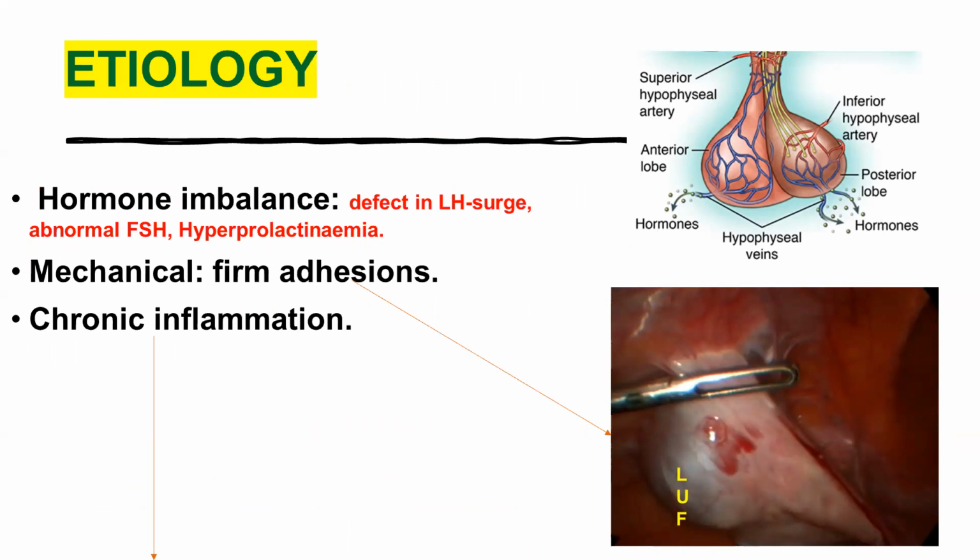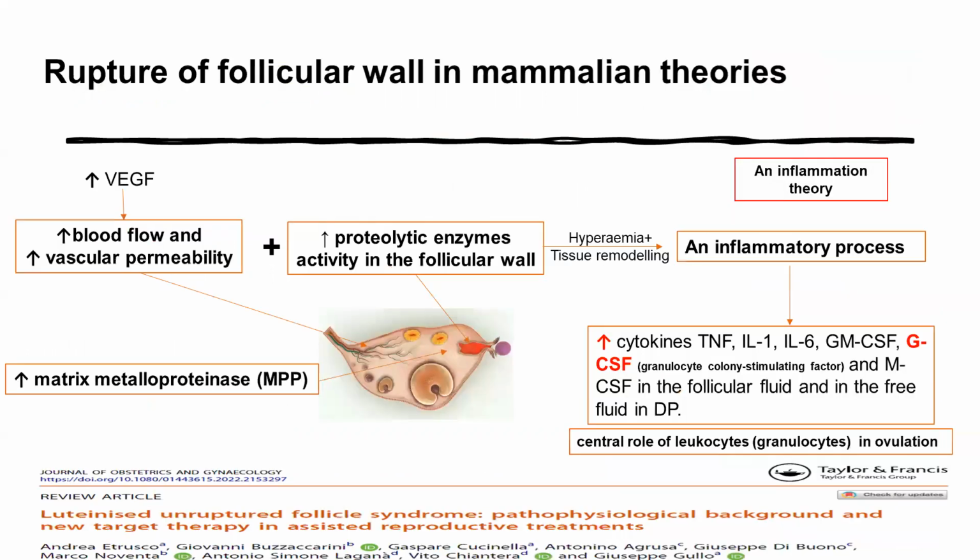What's the etiology? Etiology may be hormonal imbalance, which is a defect in the LH surge, abnormal FSH, or hyperprolactinemia. It may be mechanical, due to firm adhesions adherent to the ovary, entrapping the ovary, or due to a chronic inflammatory process.